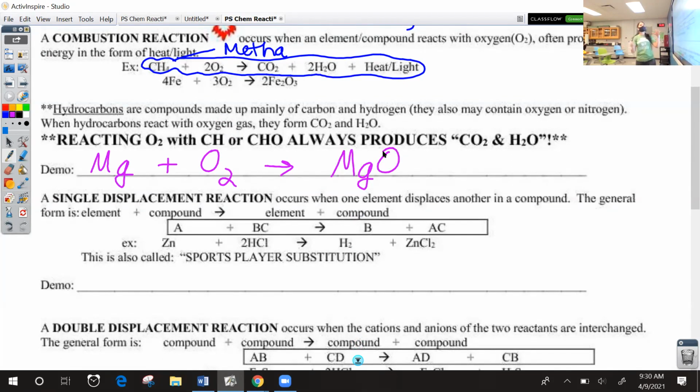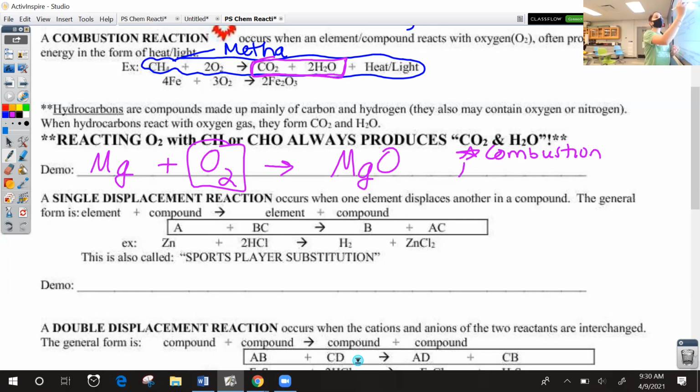Now, usually when you combust something, you get carbon dioxide and water, almost always, but it doesn't have to be. This is combustion because of the oxygen on the reactant side. As long as you have oxygen reacting on the reactant side, it's combustion.